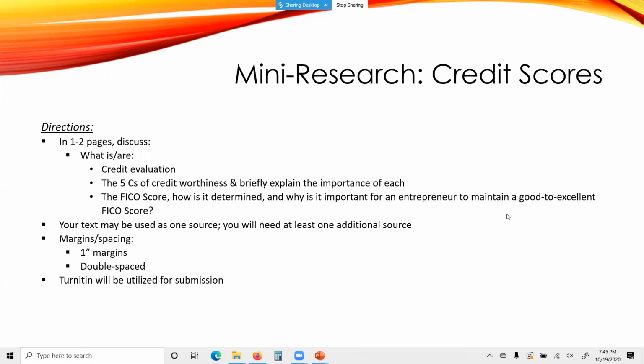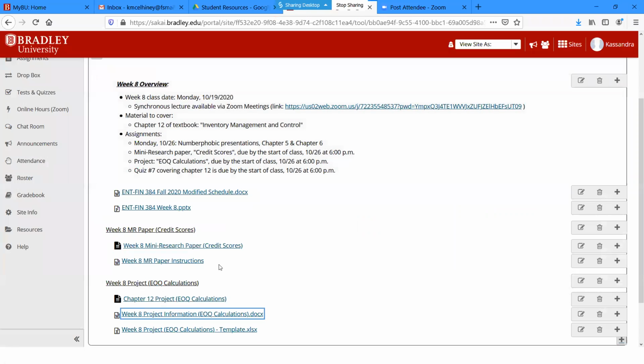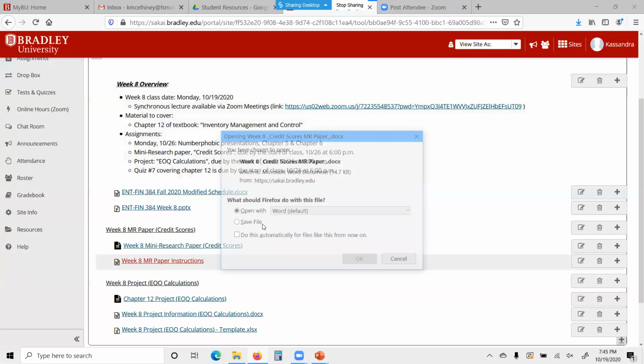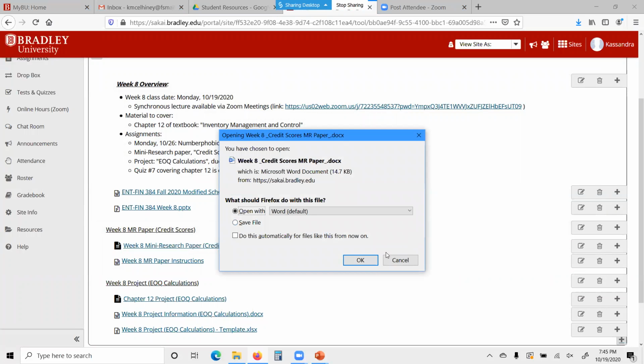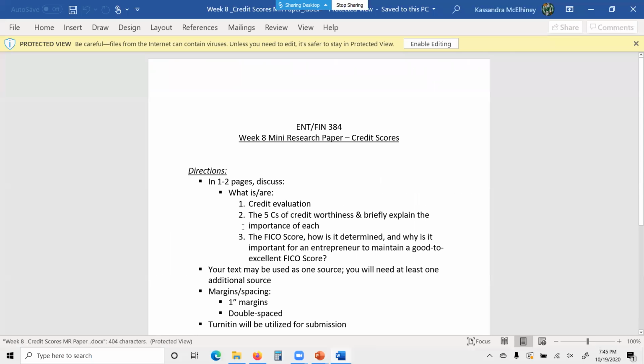And then there's a one-page Word doc that has the paper assignment. That has to do with credit scores.